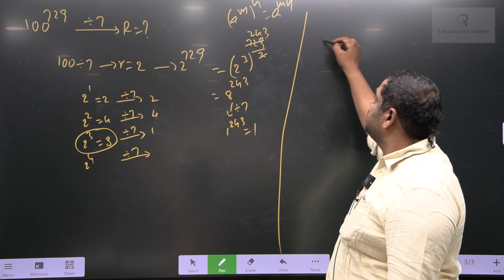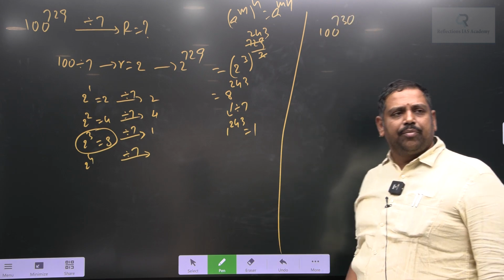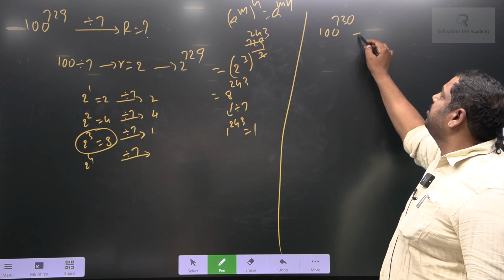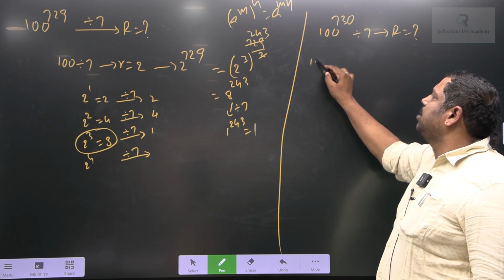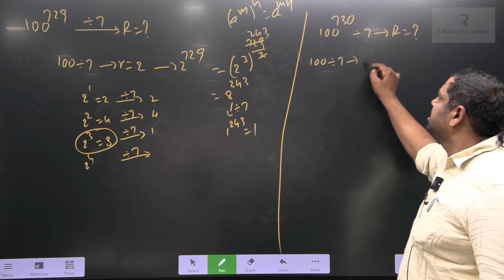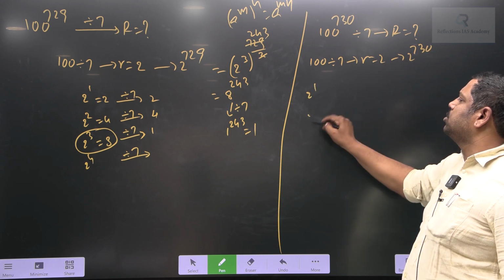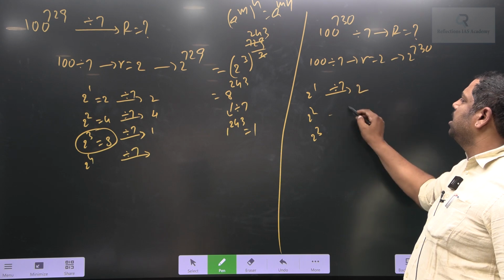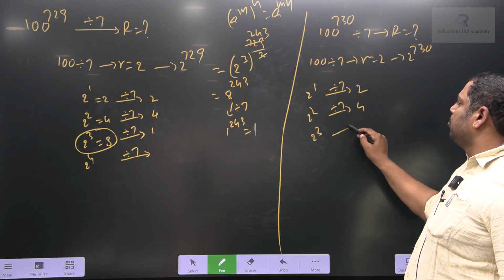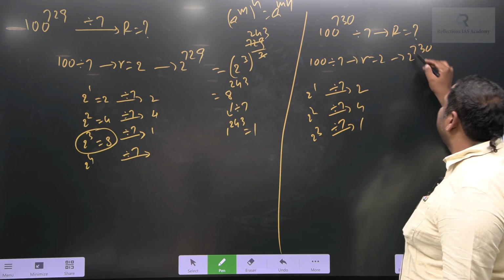So suppose he has given 100 power 730, which is not a multiple of 3, and he is asking divide with 7, what is the remainder? Then as usual, 100 by 7, you will get the remainder 2. That means 2 power 730. Then 2 power 1, 2 square, 2 cube and so on you have to do. Every time divide with 7, the remainders are, as usual, you got 1 here. Okay, so then what you have to observe is, this is not a multiple of 3.